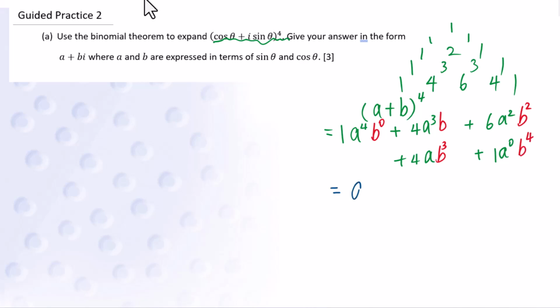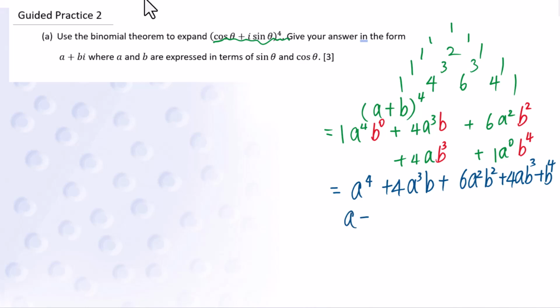Organize: a to the fourth power plus 4a cubed b plus 6a squared b squared plus 4ab cubed plus b to the fourth power.